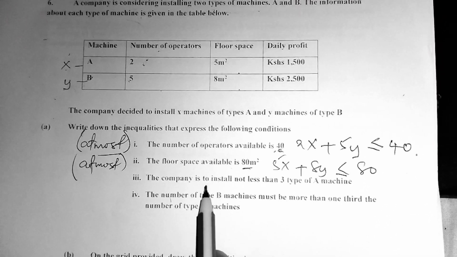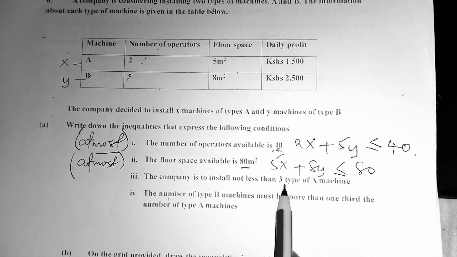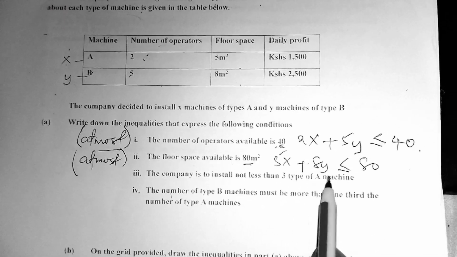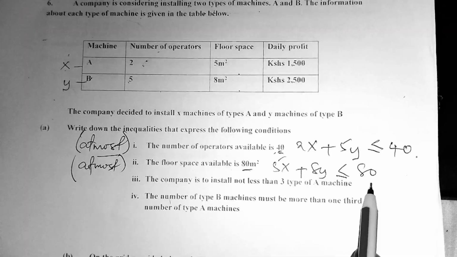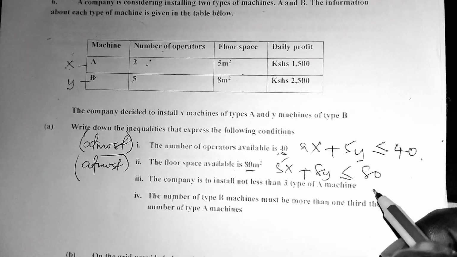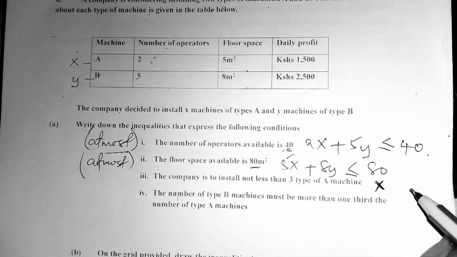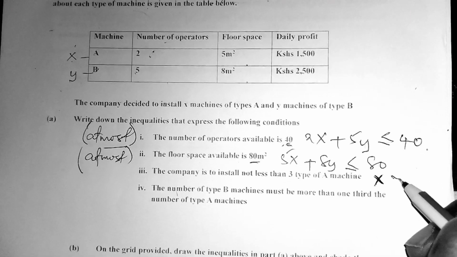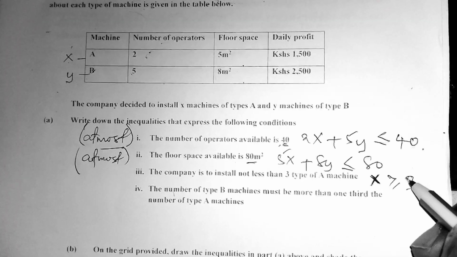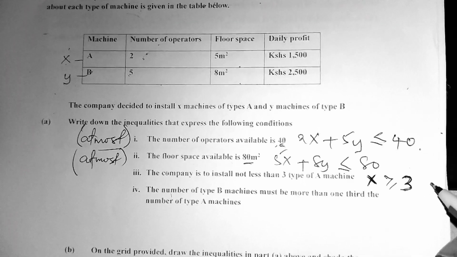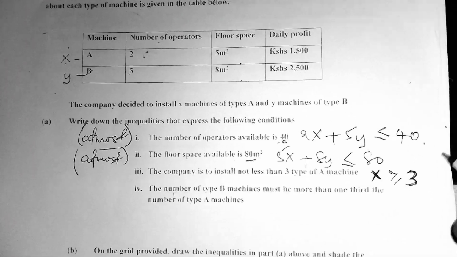Then the company is to install not less than 3 of type A machine. So A is x machines, not less than, it means greater than or equal to 3. So the number of type A machines should be x greater than or equal to 3.